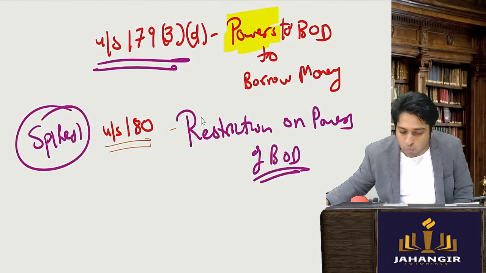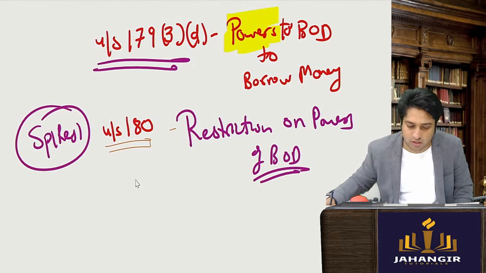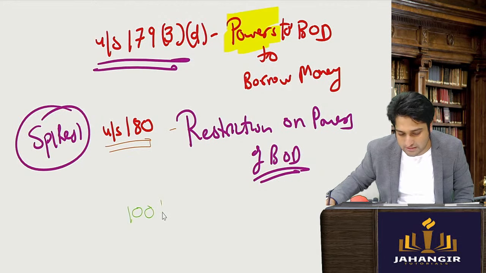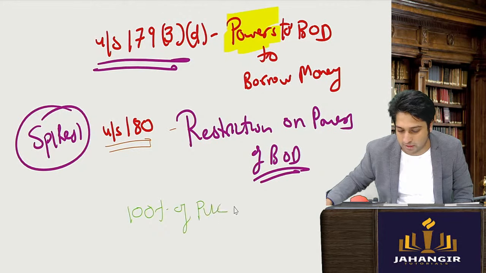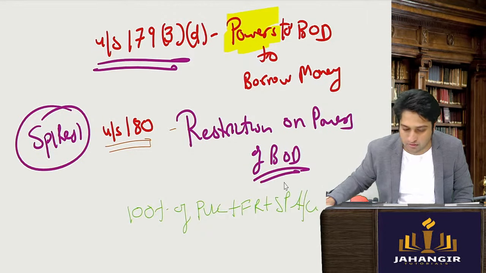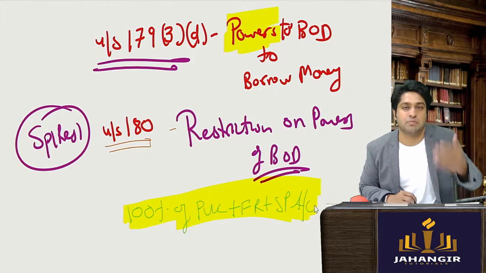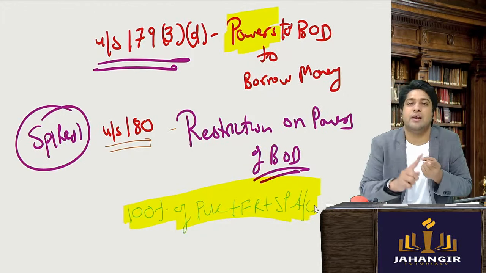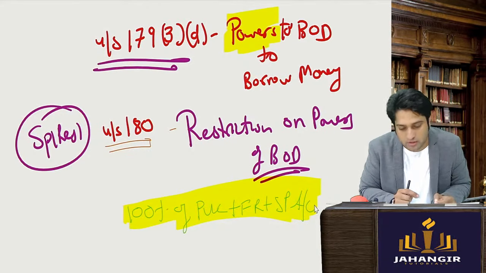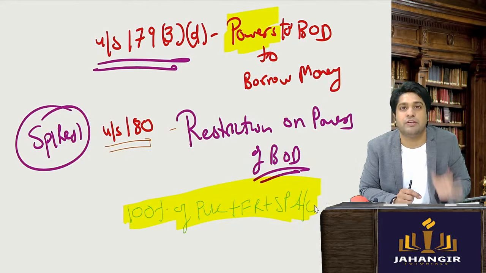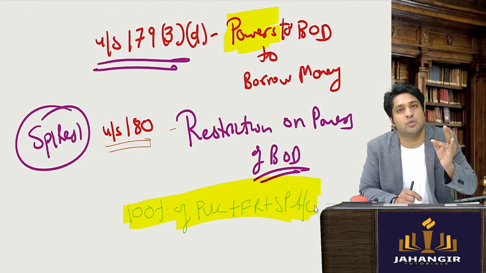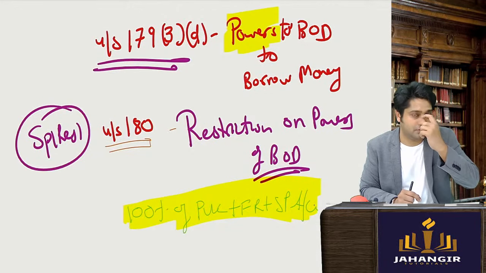Yes. So how much is the limit given here? It is 100% of your paid up capital plus free reserves plus security premium account. This is the maximum amount the board of directors can borrow. It's the borrowing power. So we will calculate what is the paid up amount, what is the free reserve the company has, and what is the security premium that the company has.